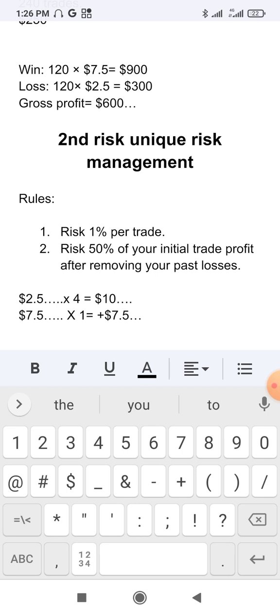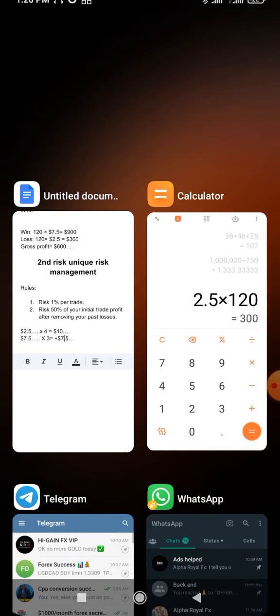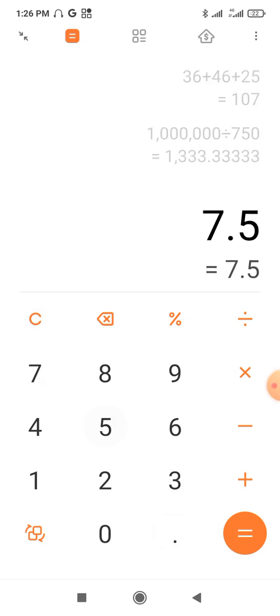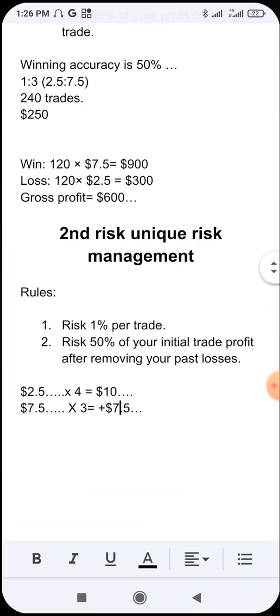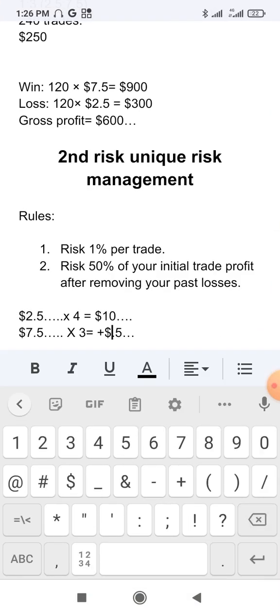Now let's say your next trades are still the same, you still make profits on your next trades. Let's say you make profits on 3 trades after, right? So 3 times 7.5 is 22.5.